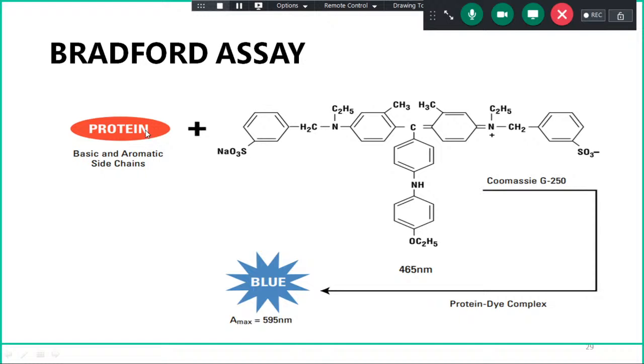When the native structure of the protein is disrupted, the hydrophobic pockets of the protein are exposed, and the sulfonic group of the dye binds with the basic side chains of the protein and forms electrostatic linkages, and then it will convert into the anionic form, that is the blue colored form, and you can detect the change of color from red to blue, and the intensity of blue color will give you the concentration of the protein present in the mixture or a sample.